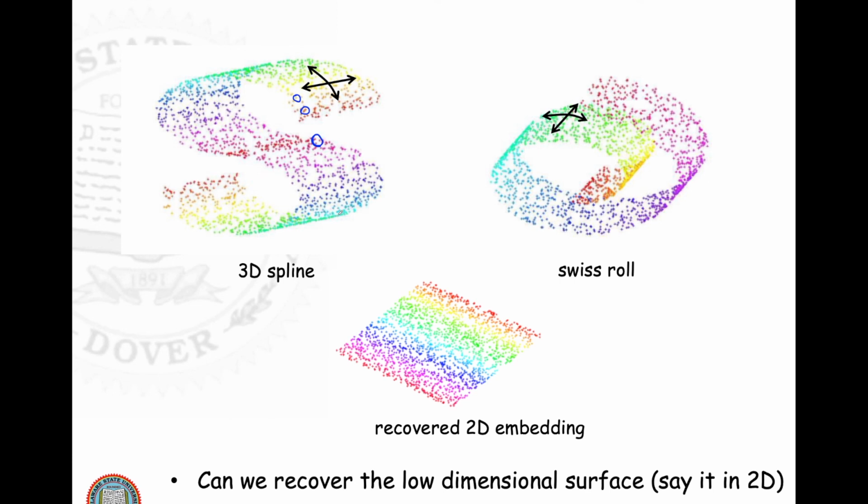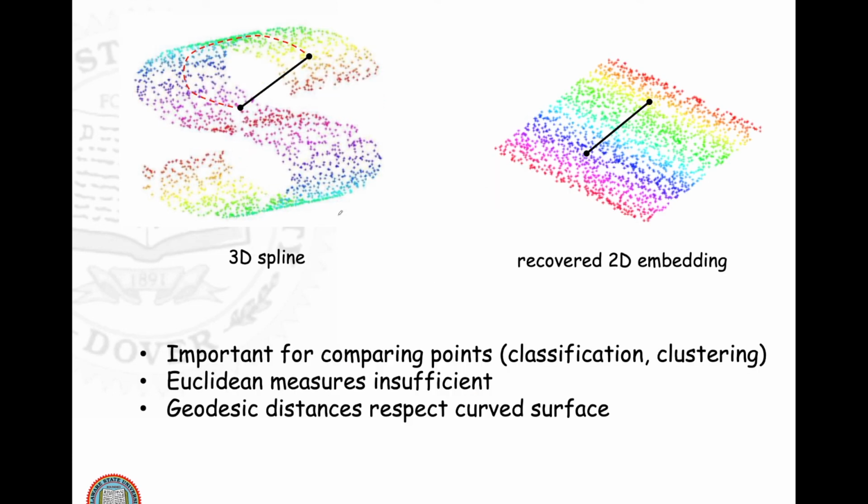And this is in contrast to the linear method PCA. And so comparing points is important for classification and for clustering, which we've seen, and we find that Euclidean measures are insufficient. As I said before, a Euclidean measure will measure the straight cut distance between 2 points.